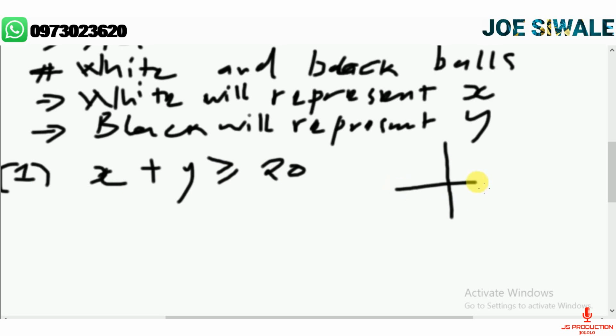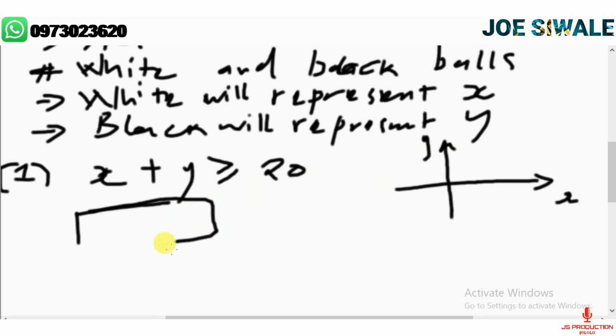So if this is the graph, you have x, y, and for this graph, first of all, we need to get our coordinates. So I'll make some tables of values.